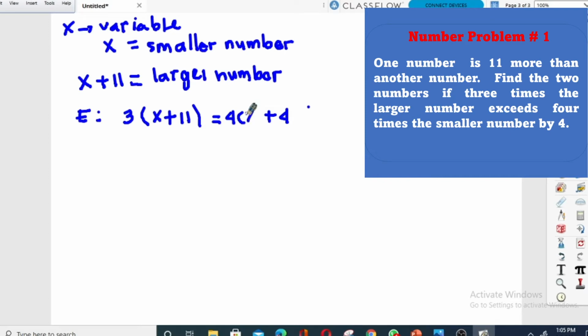The smaller is our x. Okay? So after formulating the equation based on the given sentence, we can now solve it. We can solve the equation by simplifying. So let us distribute.